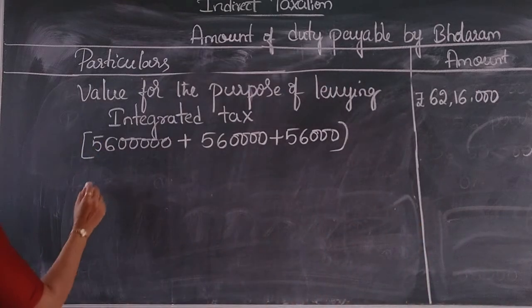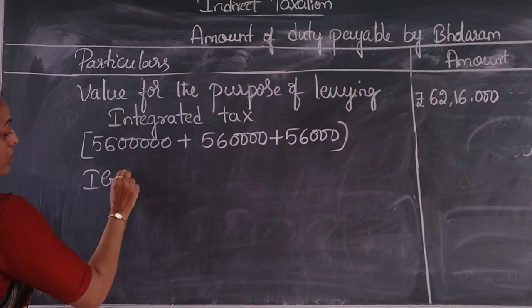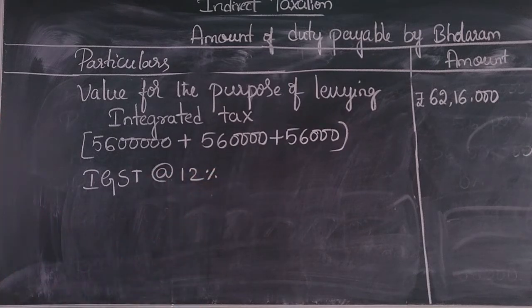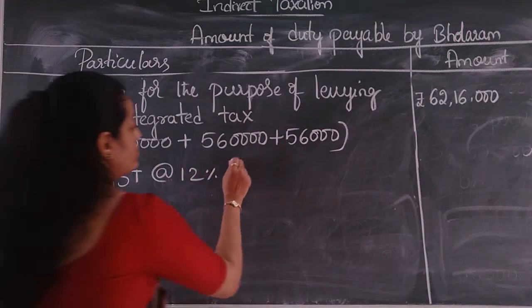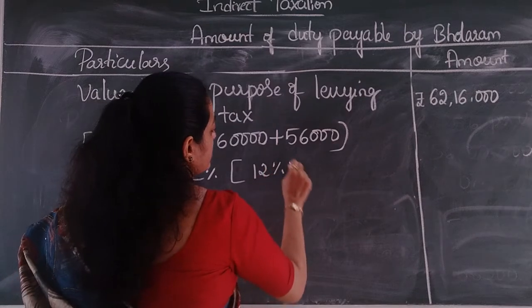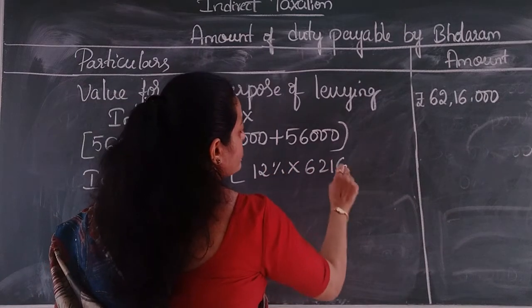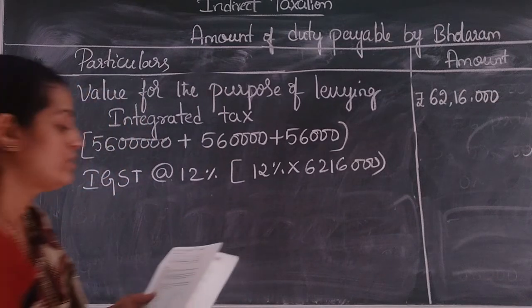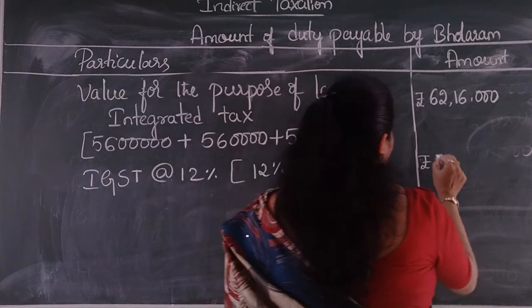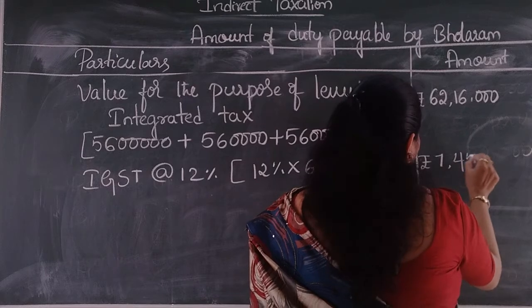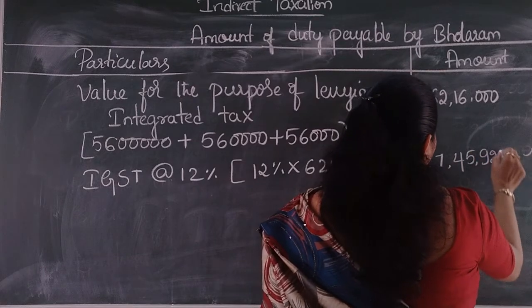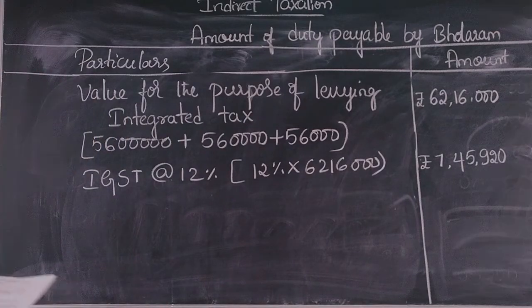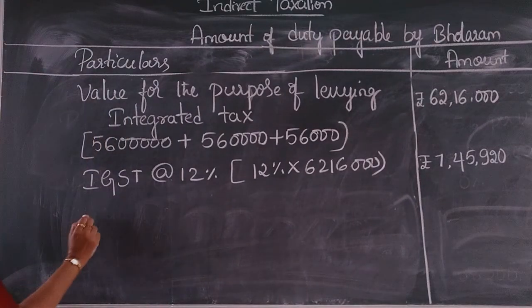On this amount, IGST at 12% we need to apply. That is 12% on 62,16,000. So the answer is 7,45,920.